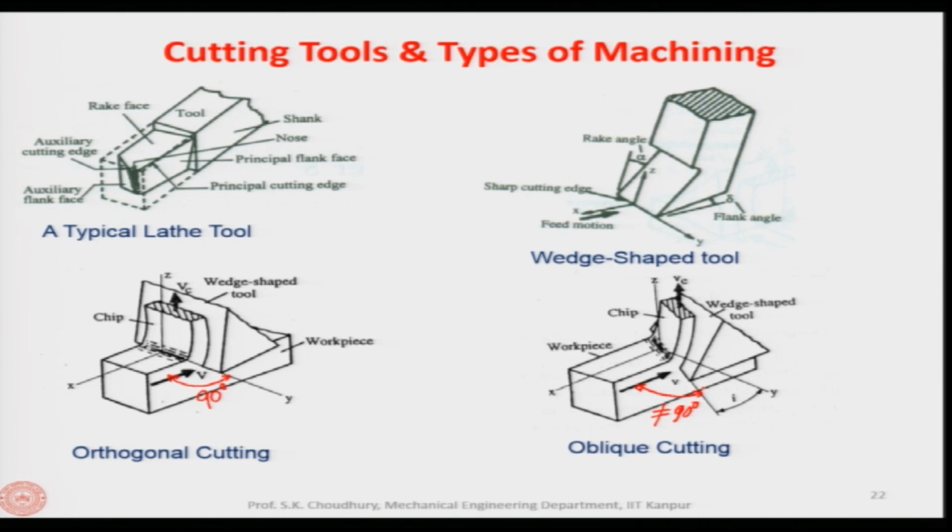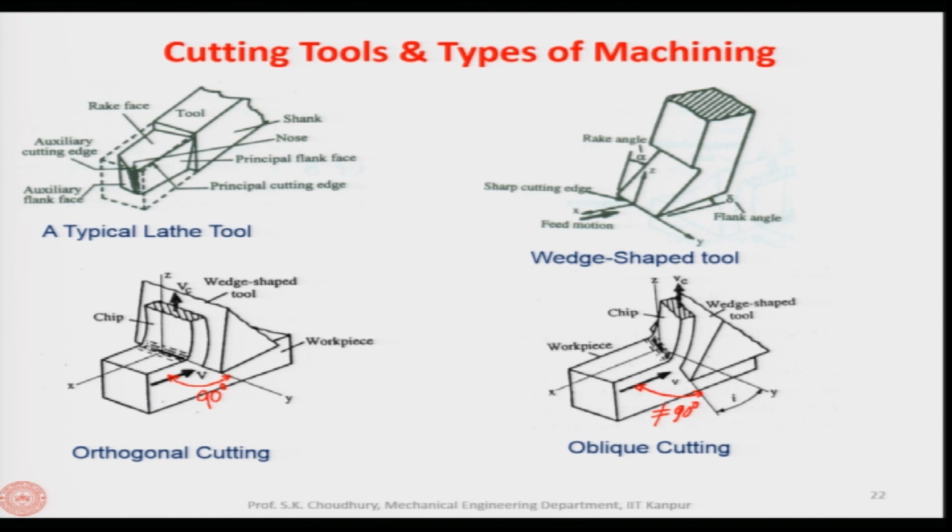Now, let us see why these two types exist. When the tool is inclined, the material grabbed by the tool will be gradual. The other way around, when the tool is not inclined, in orthogonal cutting, the tool will be grabbing the entire material at one time.